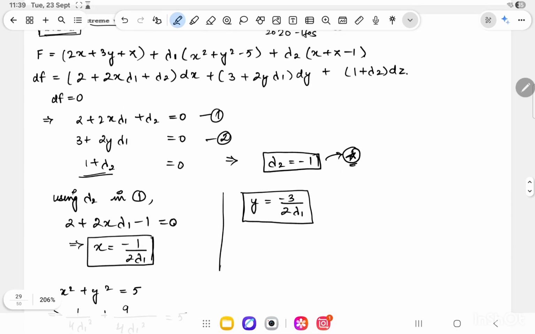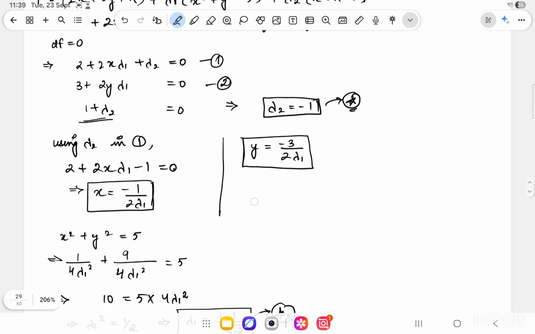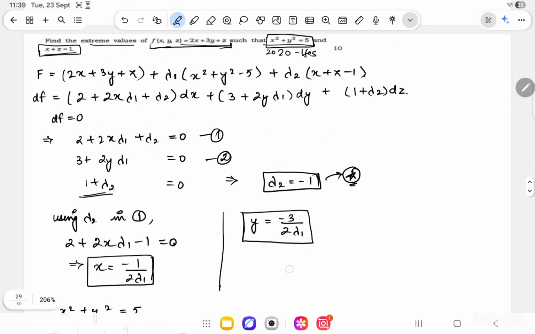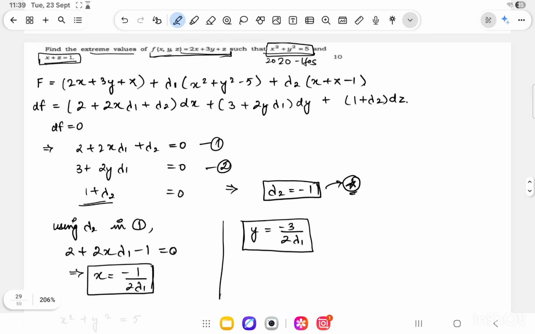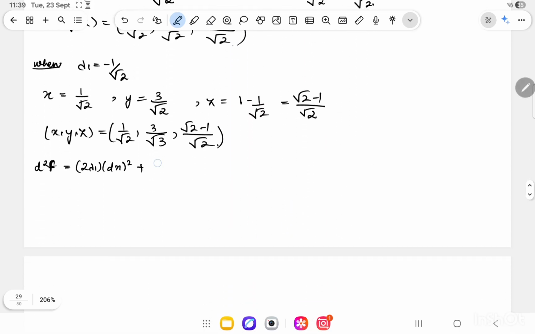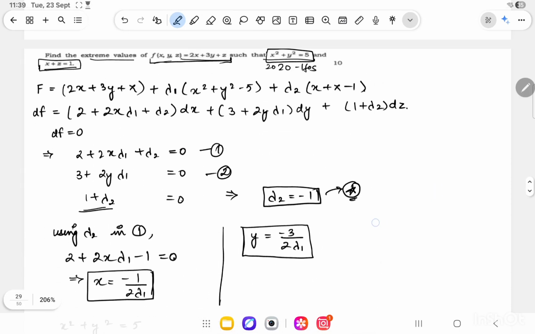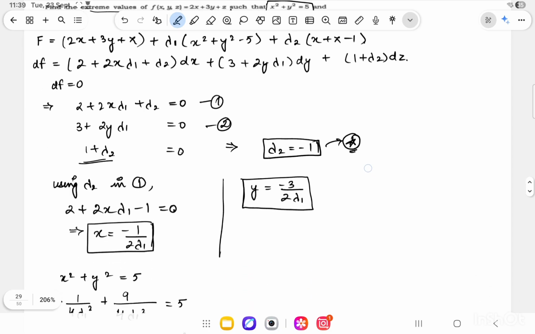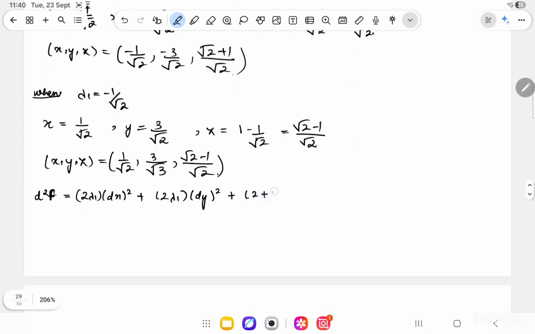So our df is this, so d square f will be basically 2 lambda 1 into dx square plus, that's the only term with x, and if we do it with y, it will be 2 lambda 1 into dy square plus 2 plus 2x lambda 1 plus lambda 2 into d square x plus 3 plus 2y lambda 1 into d square y.